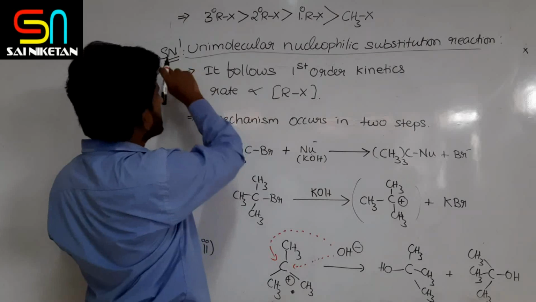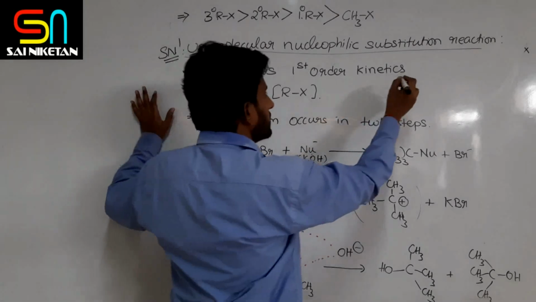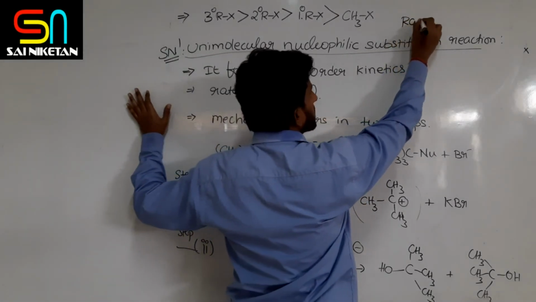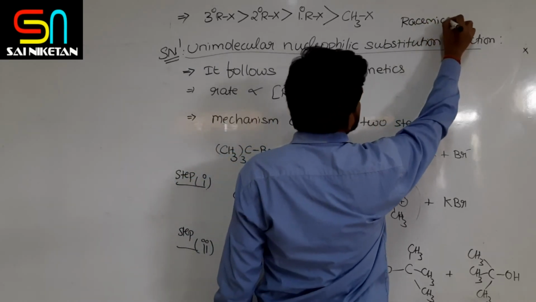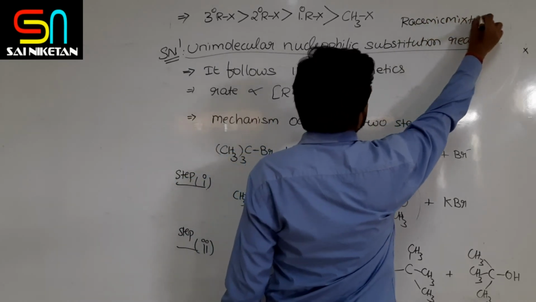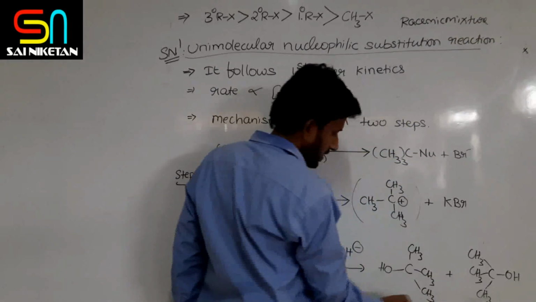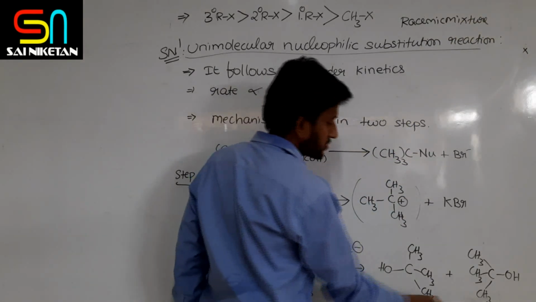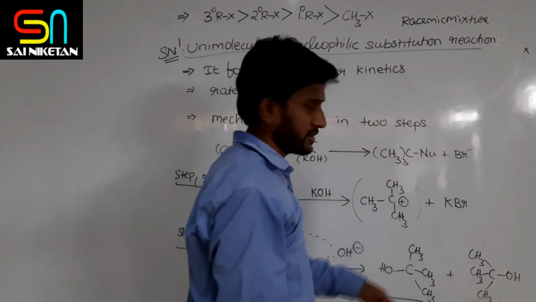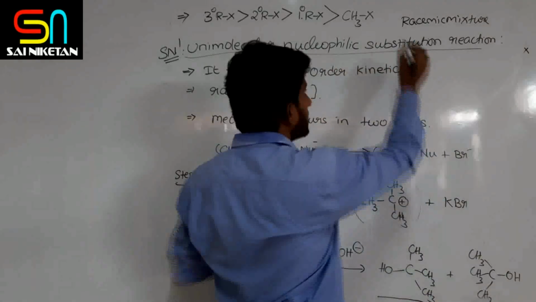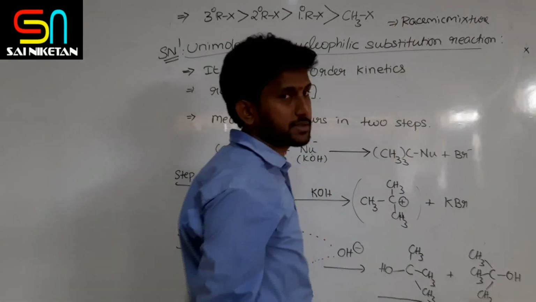So in this SN1 mechanism, a racemic mixture is formed. What is a racemic mixture? You will get 50% of one stereoisomer and 50% of the other stereoisomer. That's why it is called a racemic mixture, or racemization takes place.